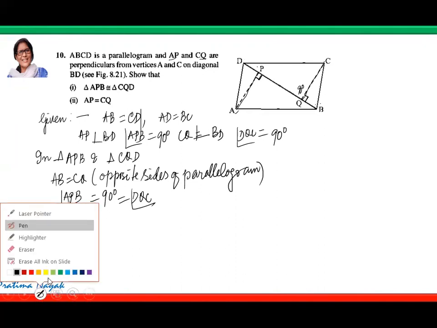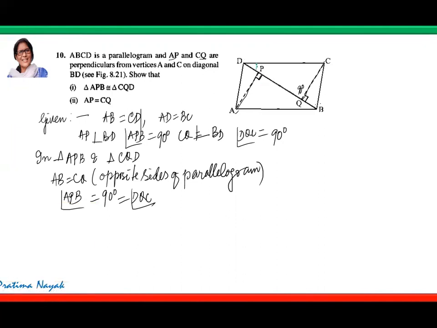I can see very clearly the alternate angles, because I am proving congruency of triangles APB and DCQ.